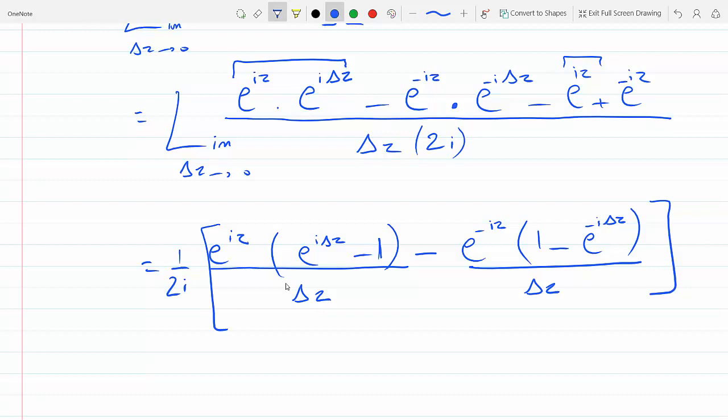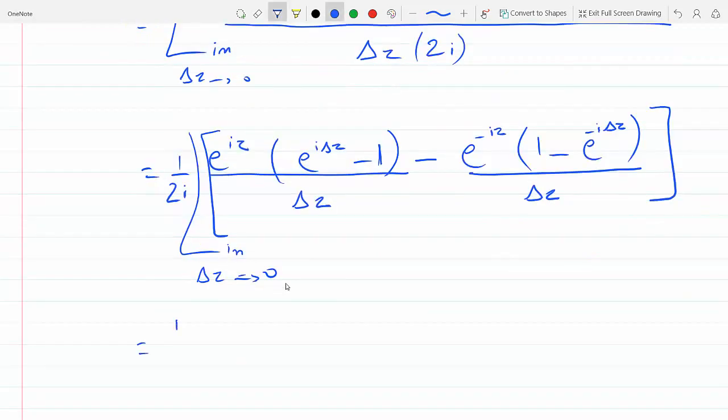Okay, where does this take us? Let's see. And then when we're done, we're going to take the limit as delta z goes to 0. That's 1 over 2i. This is cosine delta z. Oh yeah, when you break them into cosines and sines, you could do it.